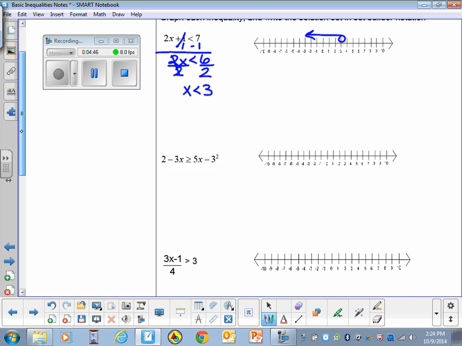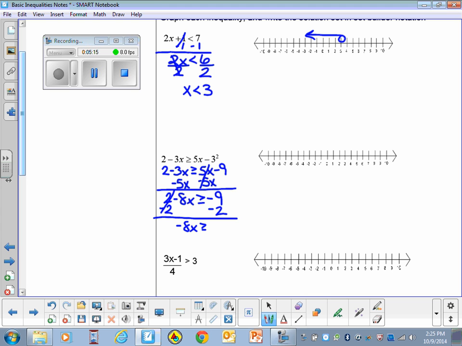Oh my, I need to take care of this 3 squared first. So 2 minus 3x is greater than or equal to 5 minus 9. Move my variables to the left. 2 minus 8x is greater than or equal to negative 9. Move the 2 to the right. Negative 8x greater than or equal to negative 11.